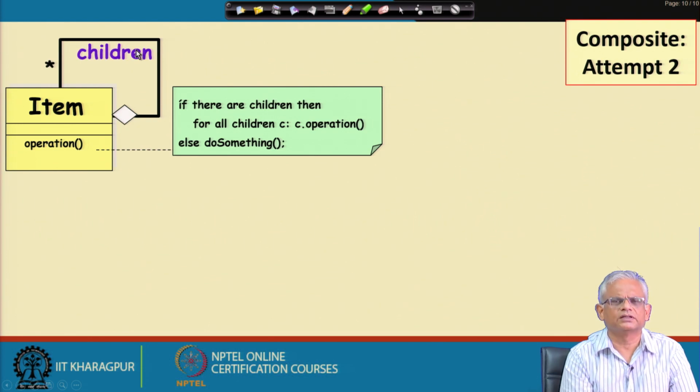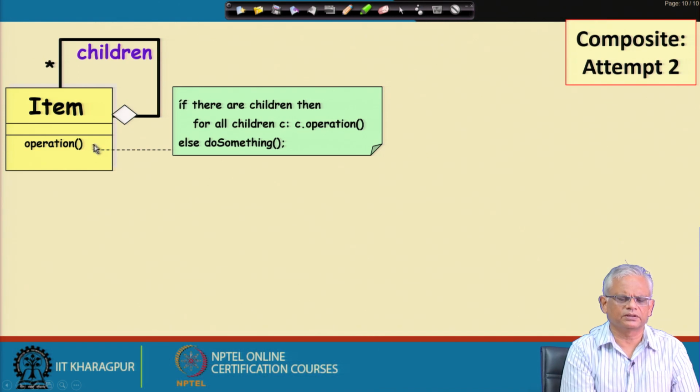You can see that multiple levels are possible here, and the item can be a composite or it can be a primitive element, and if it is a composite, if there are children, then for all children do the operation, else do something.